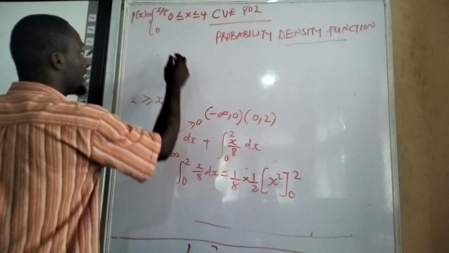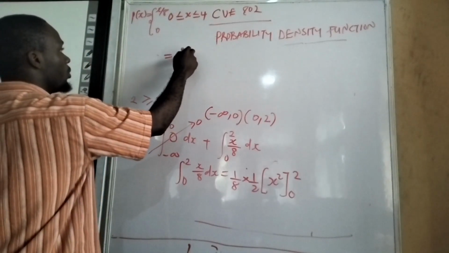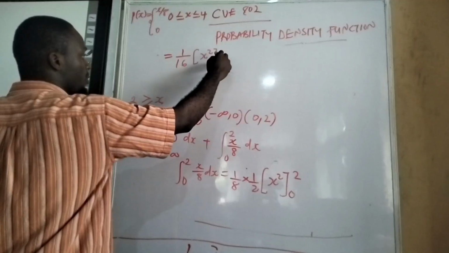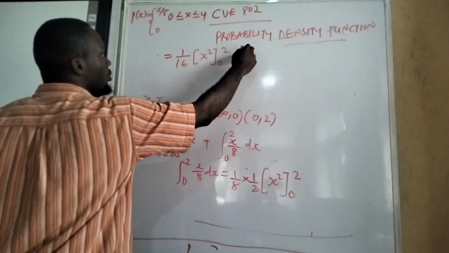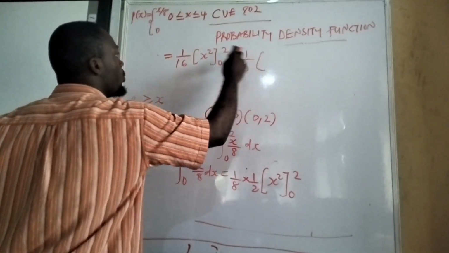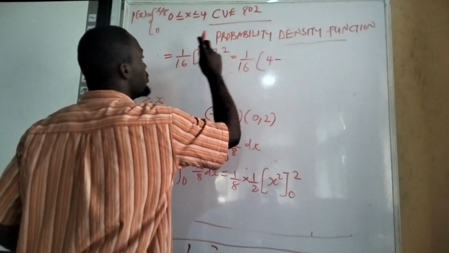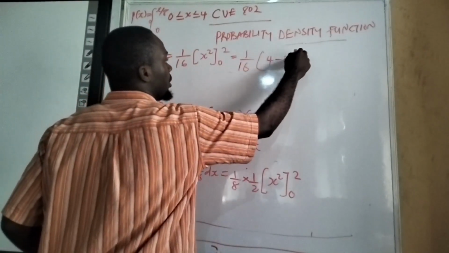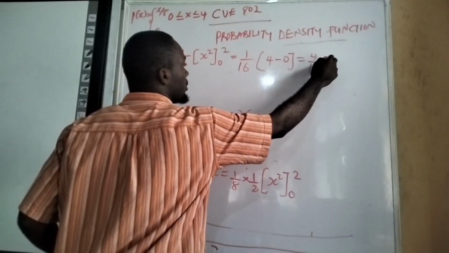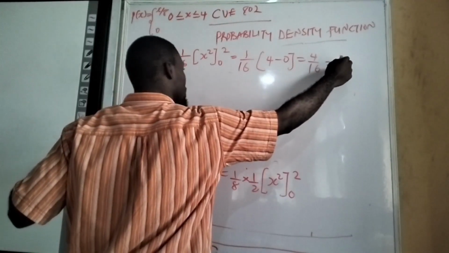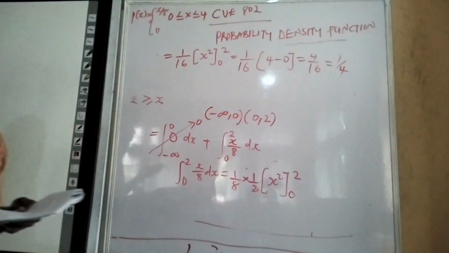So having integrated that, we're going to get 1 over 16 s squared from 0 to 2. So we'll now take limits. We put 2 here, 2 squared, you get 4. Put 0 here, you get 0. So your answer is what? 4 over 16, which is 1 over 4.